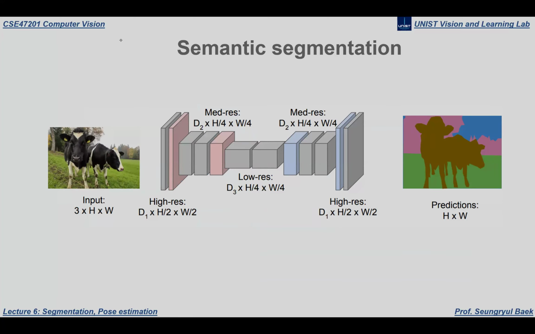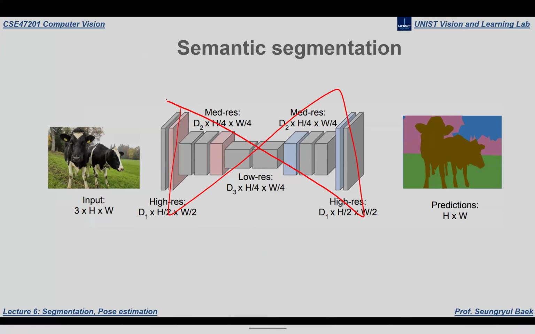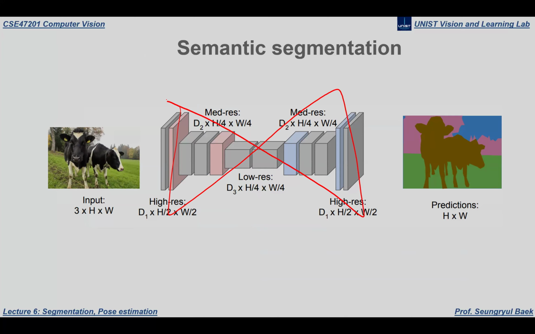And we normally constitute this type of encoder-decoder architecture to solve the semantic segmentation problem. We call this an encoder-decoder architecture because the encoder extracts some useful information, which is called a feature, a low-dimensional vector.